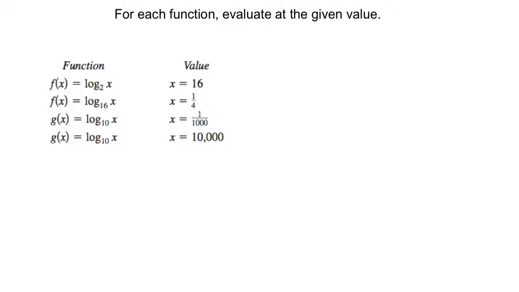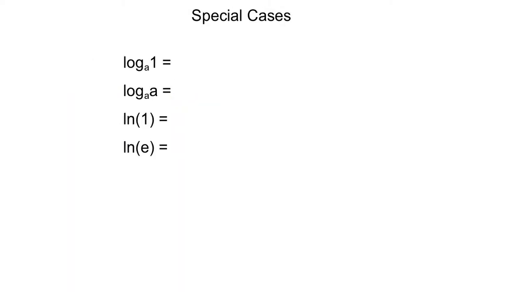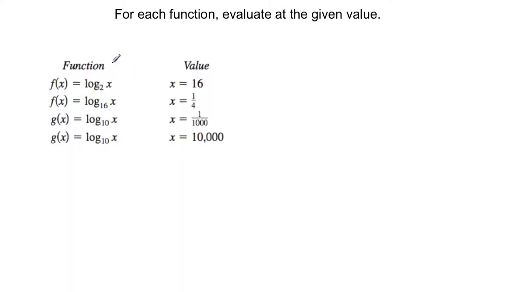All right, we want to evaluate these at the given functions. So if I actually look at this, I get log base 2 of 16. I haven't taught you how to evaluate this in your calculator yet.